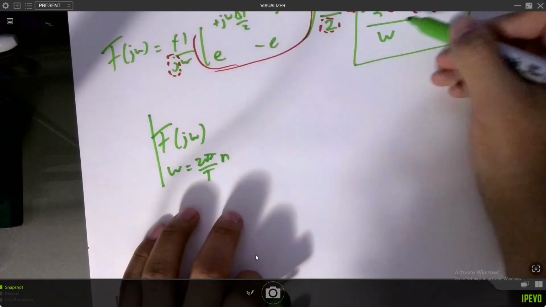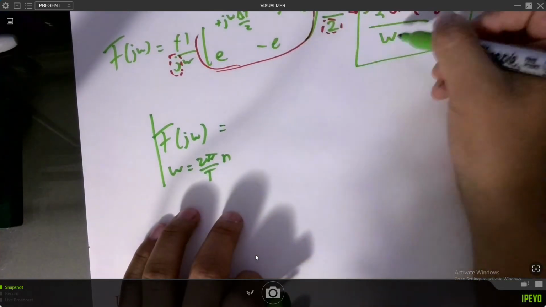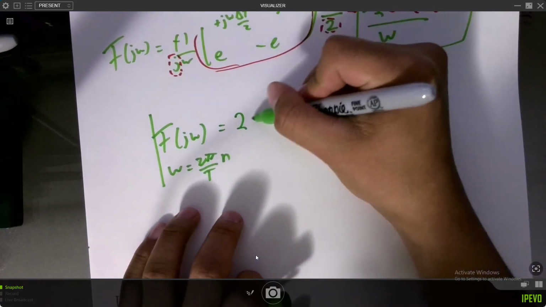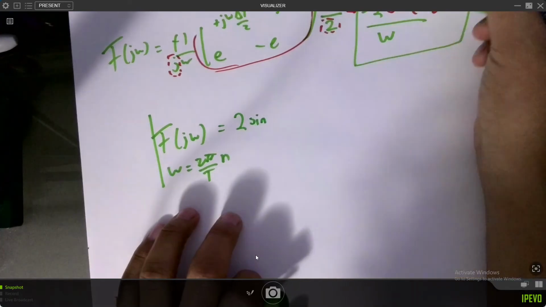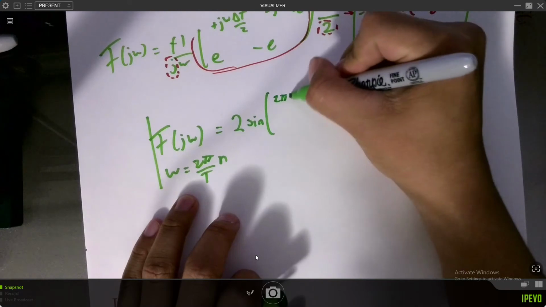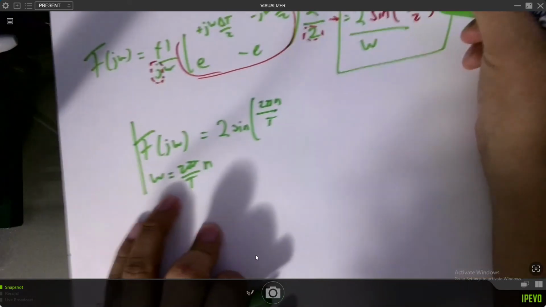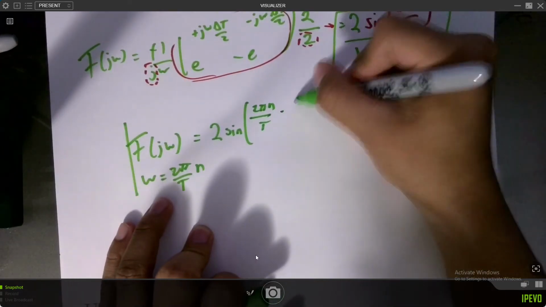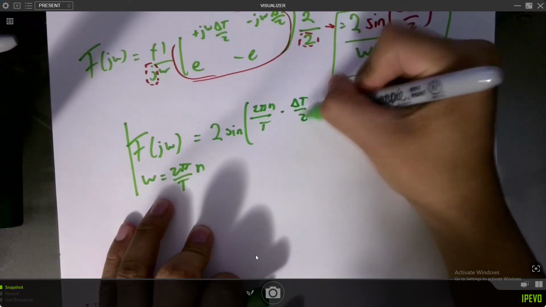If we take this one that we have, we're going to do a 2 sine and replace all the w's you see with 2 pi n divided by T, and then times delta t over 2.